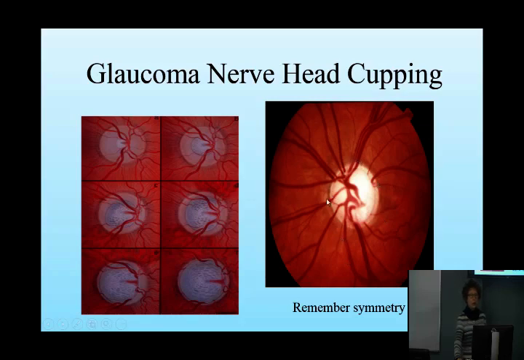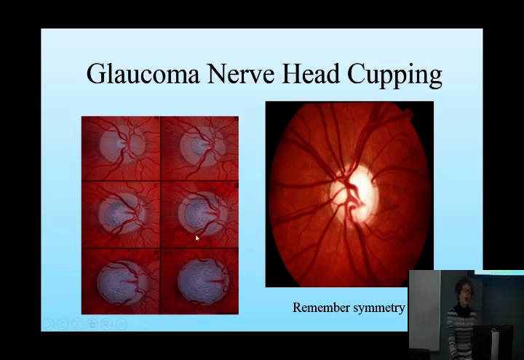This diagram over here shows a little tiny cup, lots and lots of rim tissue. This is very good peripheral vision, very good vision. But as the cup inside gets larger, it's atrophying away the rim tissue. And as that rim tissue atrophies, you lose the vision.